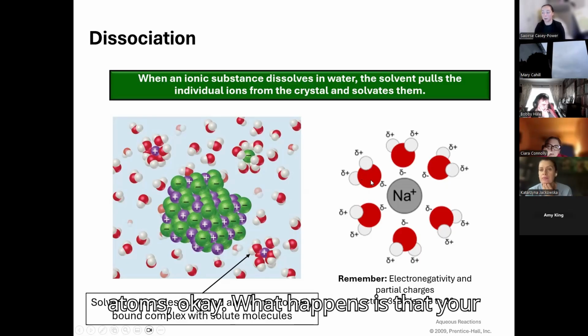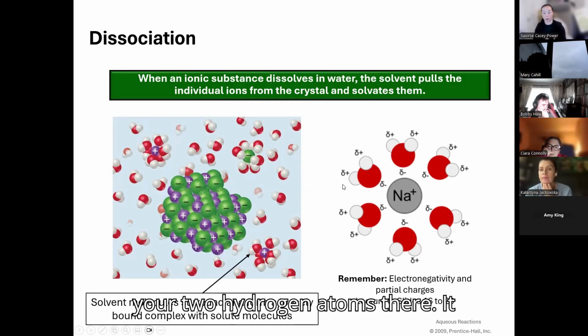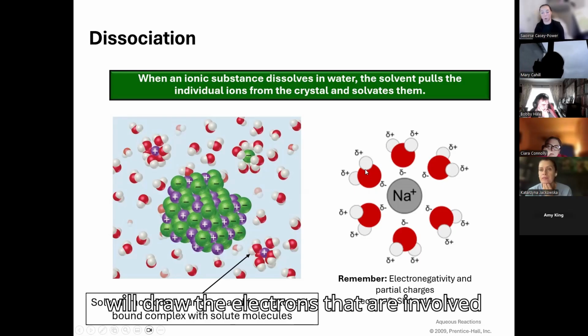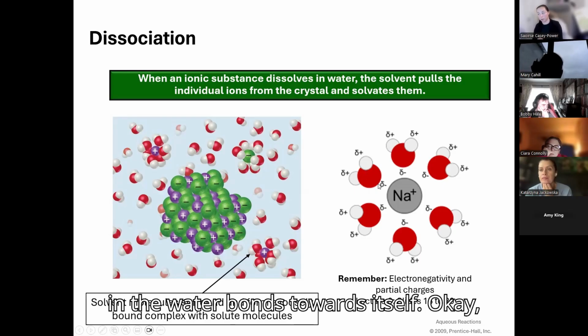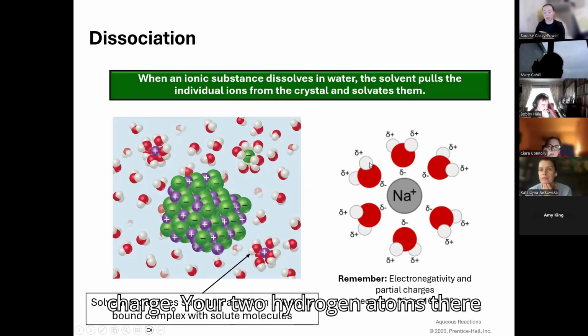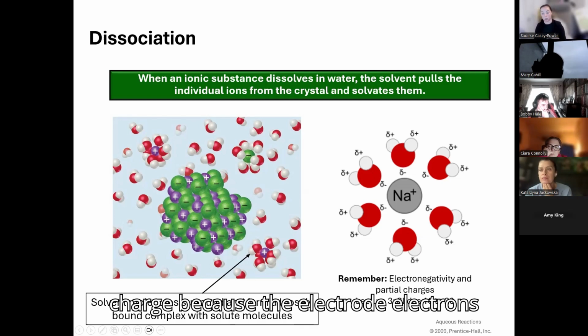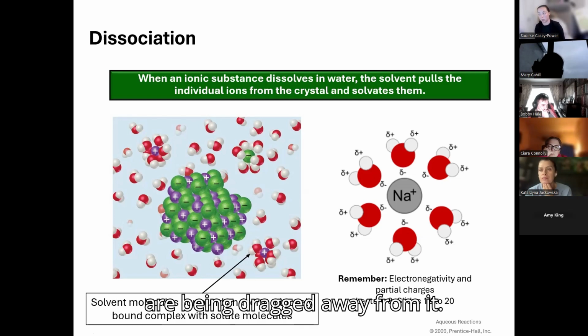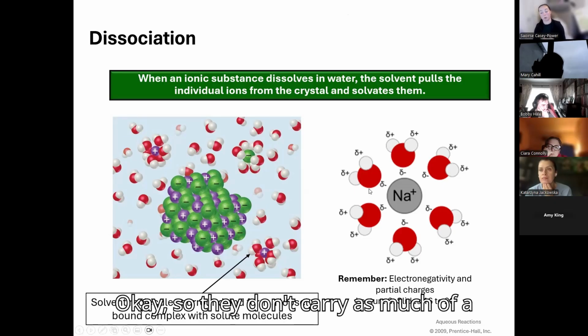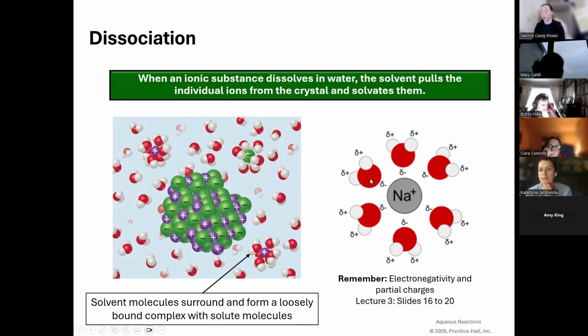What happens is that your oxygen is much more electronegative than your two hydrogen atoms. It will draw the electrons that are involved in the water bonds towards itself, so it gives it that partial negative charge. Your two hydrogen atoms will be left with a partial positive charge because the electrons are being dragged away from them, so they don't carry as much of a negative charge as the oxygen.